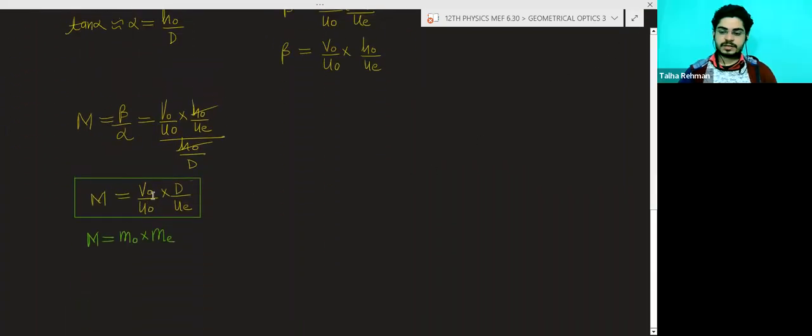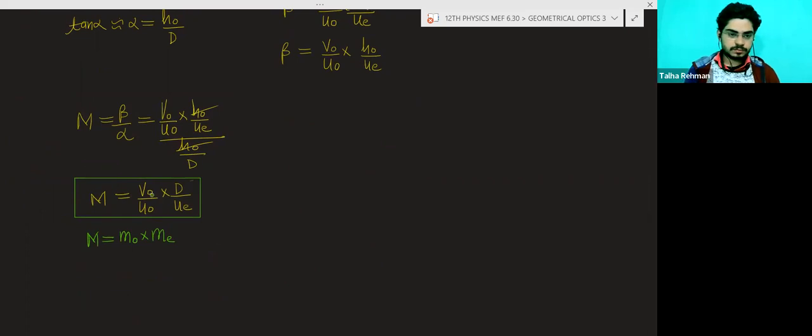So this is the magnification of the compound microscope. Here also we will discuss two cases. First case, maximum magnification of the compound microscope, and the second, normal adjustment for the compound microscope.